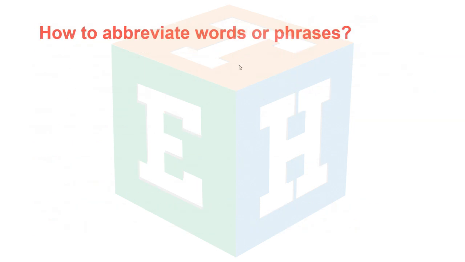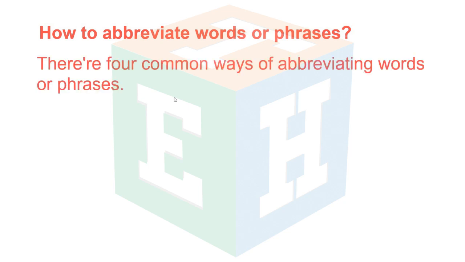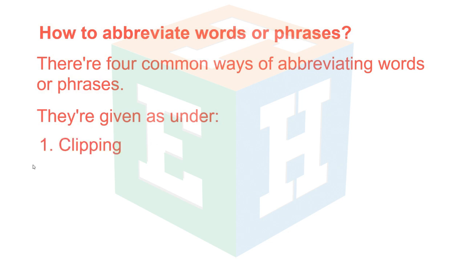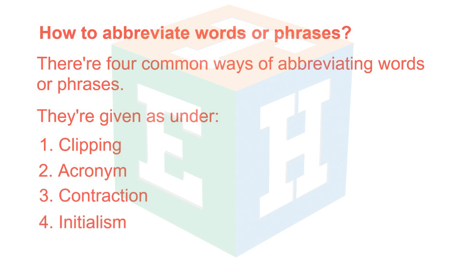How to abbreviate words or phrases? There are 4 common ways of abbreviating words or phrases. They are given as under: number 1, clipping. Number 2, acronym. Number 3, contraction. And number 4 is initialism.